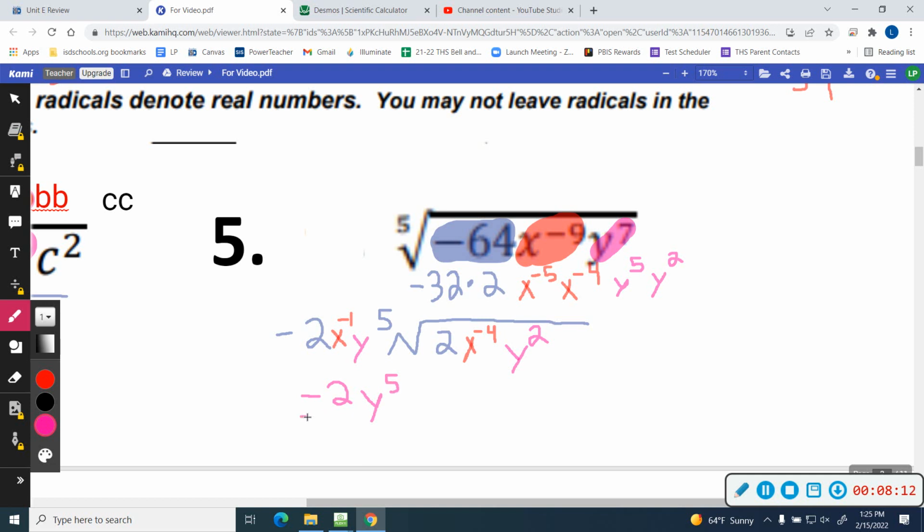I'm going to drop the x to the bottom. Remember, anytime you have a negative exponent, you drop it to the bottom. And then I'm going to keep the root of 2. I'm going to drop that to the bottom, x to the 4th. And I'll keep this as y squared.